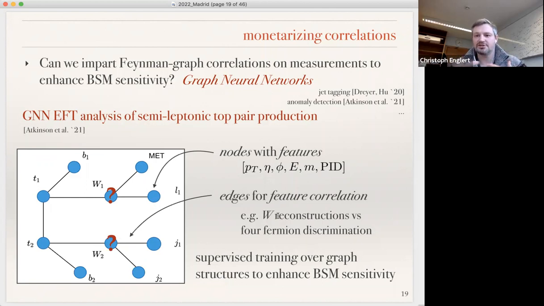And so this shows you that this graph structure that you would find motivated from the normal t tbar standard model production, and its decay all the way down to the particle level in your detector, reproduces a little bit that Feynman graph structure that I alluded to earlier. So you can use that to reconstruct the W or tell apart four-fermion interactions that are naturally part of the dimension 6 extension of the standard model.